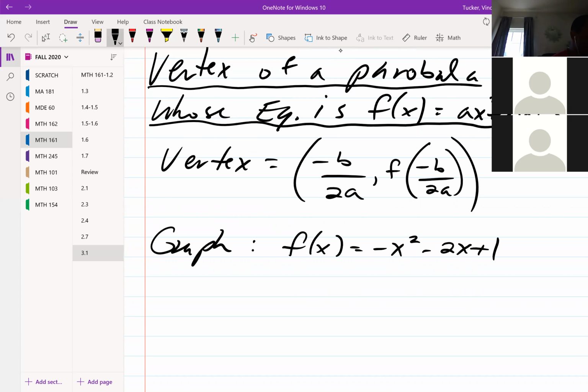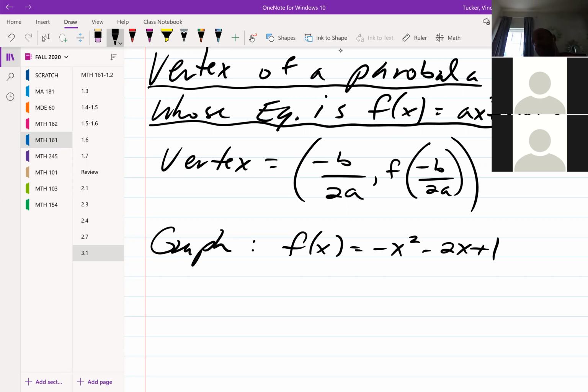All right, so if you want to find the vertex of a parabola whose equation is in the form of f of x equal to ax squared plus bx plus c, in other words, it's not in that standard form that we referenced earlier, then we can find the x coordinate to be negative b over 2a.